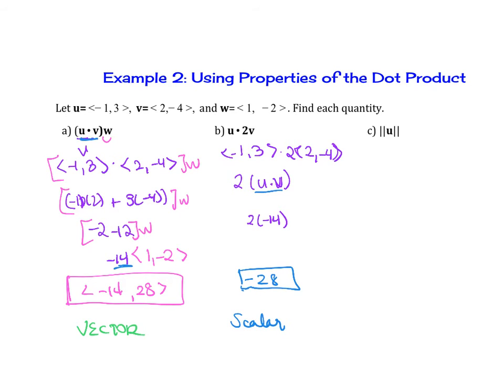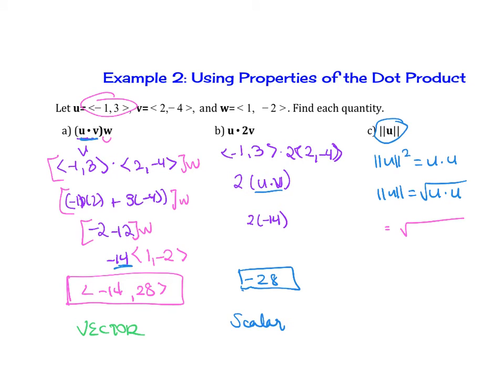Okay, letter C. We know from what I showed you earlier that the magnitude squared equals u times u. So if we're trying to find the magnitude, it is the square root of u times u. We know that u is negative 1, 3, and we're multiplying it by itself.